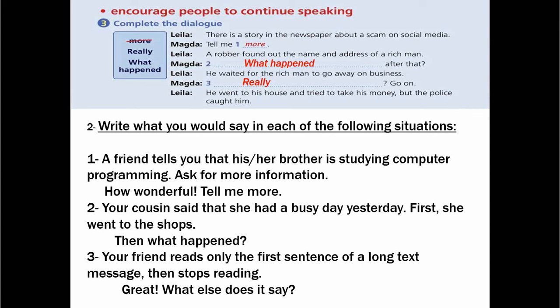First, she went to the shops. You answer by saying, then what happened? And number 3, your friend reads only the first sentence of a long text message, then stops reading. The answer is, great, what else does it say? And these are some ways to encourage someone to continue speaking.